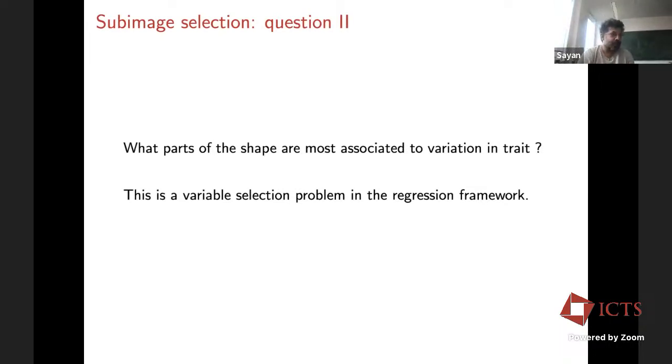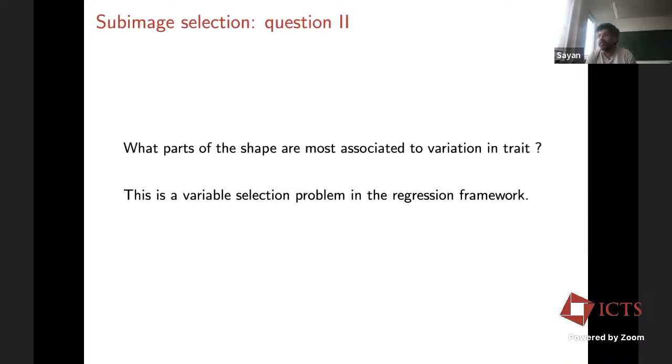Okay. So this raises a question, which is, well, you can make predictions. Great. But can you explain something? If I had two classes of shape, let's say one is case and one is control, can you tell me what parts of the shape are most relevant in being able to tell apart disease versus non-disease?